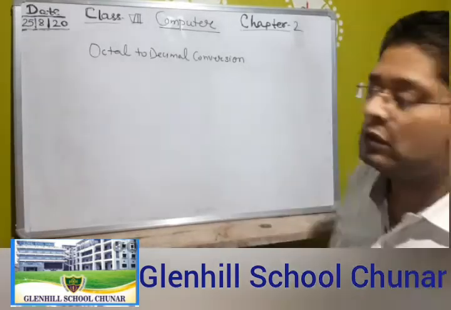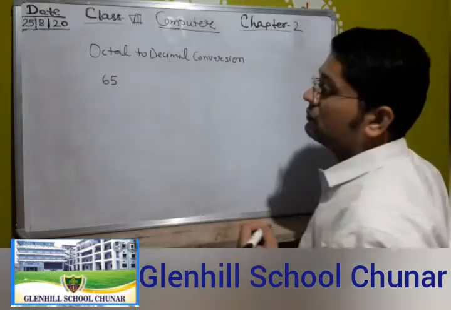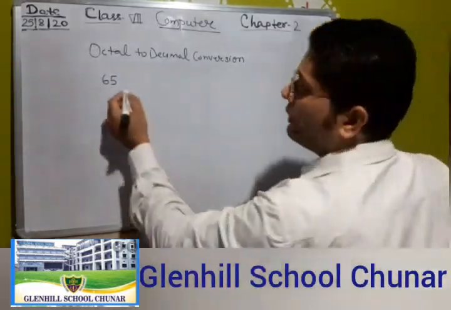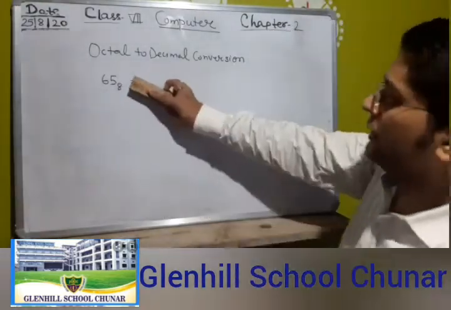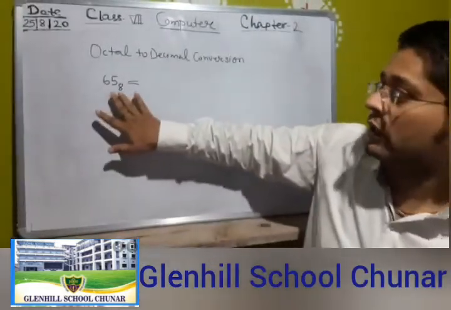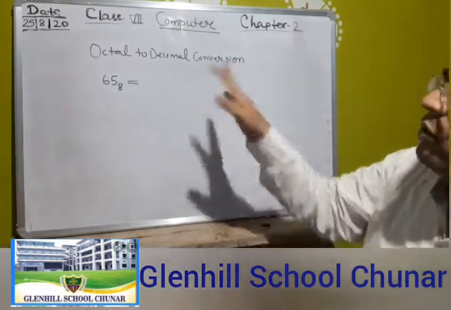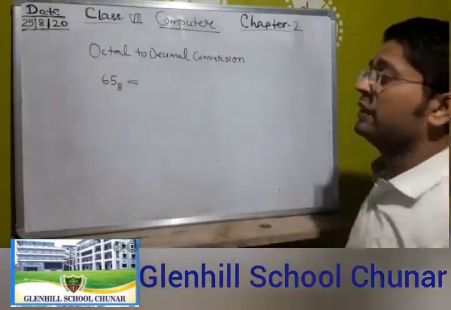Let's take the example 65. This is an octal number, so we write 8 here to indicate that this is an octal number, and convert it to decimal. How many digits are here? 2.